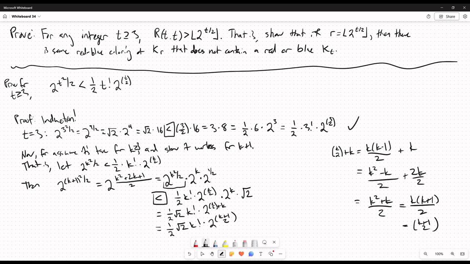And we're almost in the clear. Because I'm going to make the grand observation that in this case k is at least 3, and 3 is bigger than square root of 2. So I can make this even bigger by replacing square root of 2 not just with k, but with k plus 1, because that's clearly bigger than square root of 2.